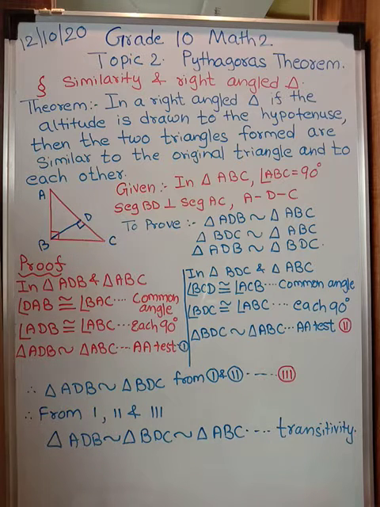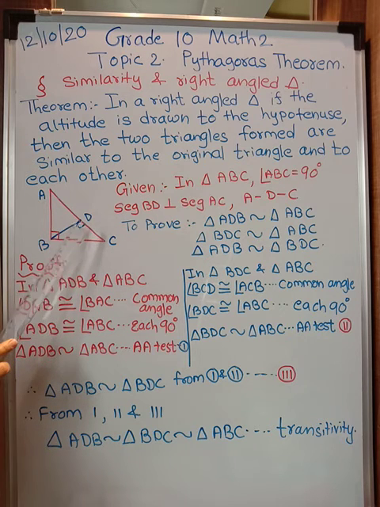That is the theorem. So given: in triangle ABC, angle B is 90 degrees, BD is perpendicular to AC such that A-D-C, and we have to prove that triangle ABD is similar to the bigger triangle, as well as triangle ADB is similar to the bigger triangle ABC.